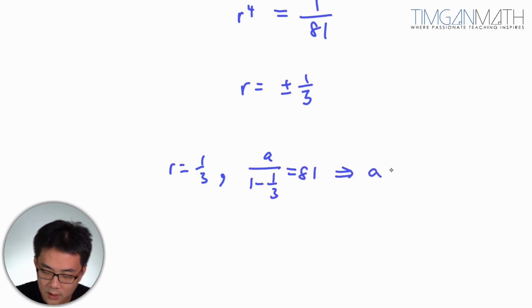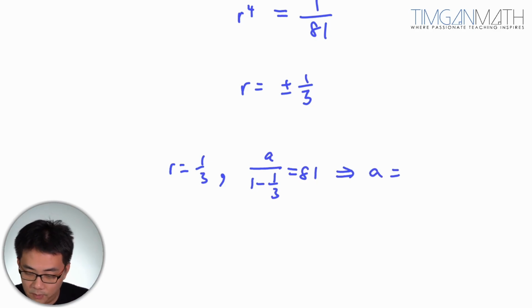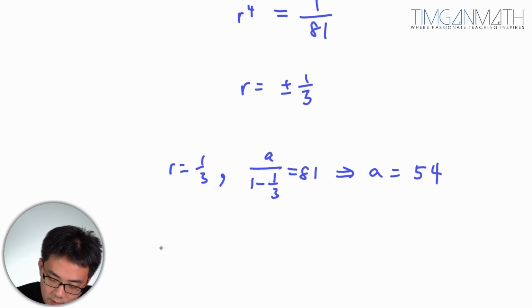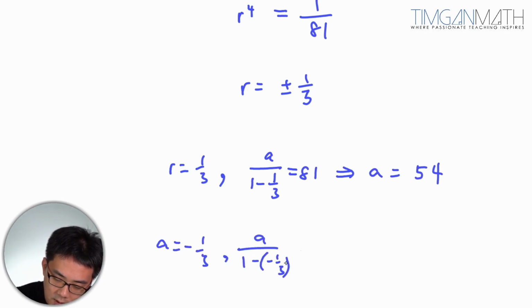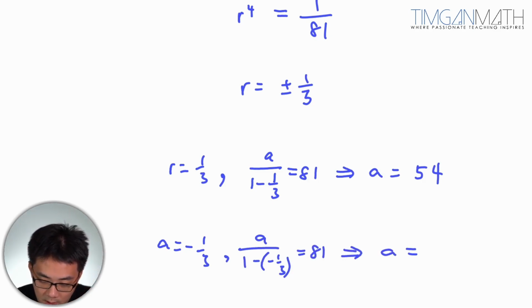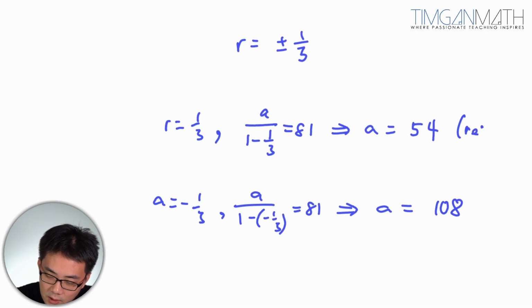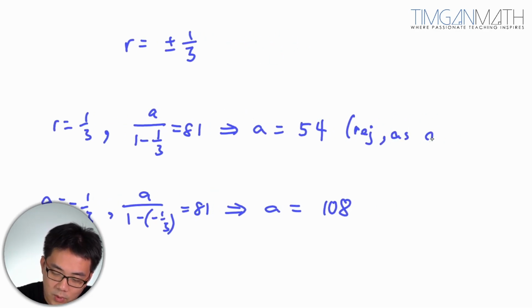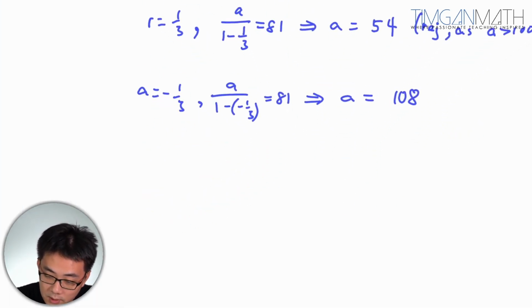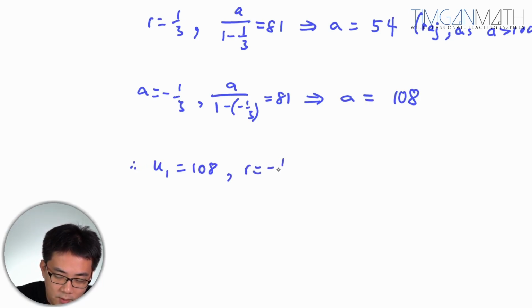This gives a equals 81 times 2/3, which is 54. When r equals negative 1/3, a over 1 minus negative 1/3 equals 81, so a equals 81 times 1 minus 1/3... that is, 81 times 4/3, which is 108. Hence reject a equal to 54, as a has to be more than 100. So U1 equals 108 and r equals negative 1/3.